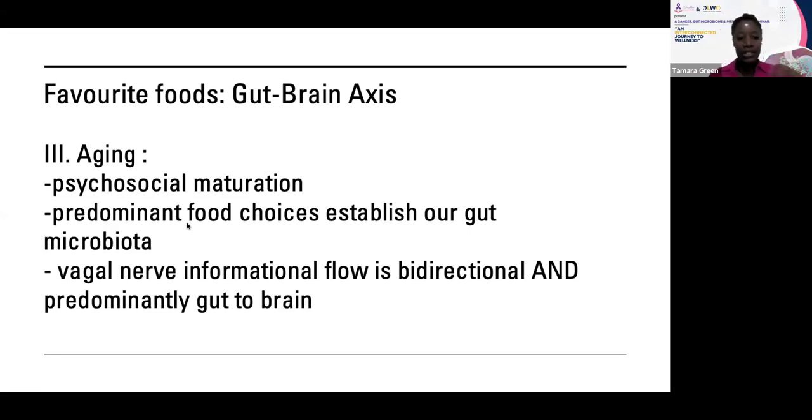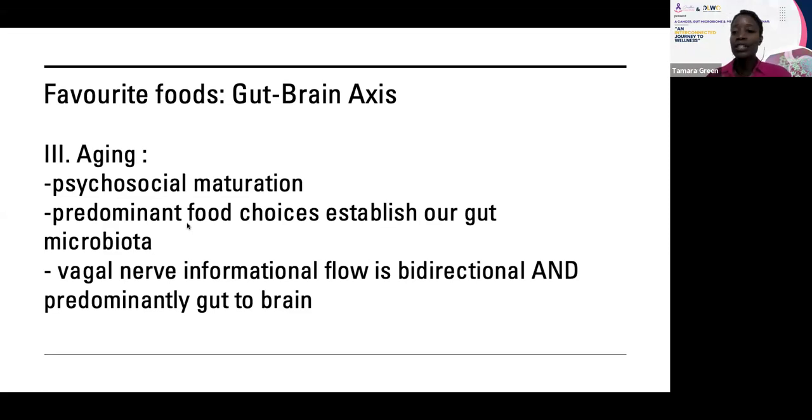Now, as we continue to age, neurologically, there are important psychosocial maturations happening. And I'm looking forward to doing another webinar entitled Cancer, Gut Microbiome, and Social Health. All right, but we're not going to elaborate on that first point.